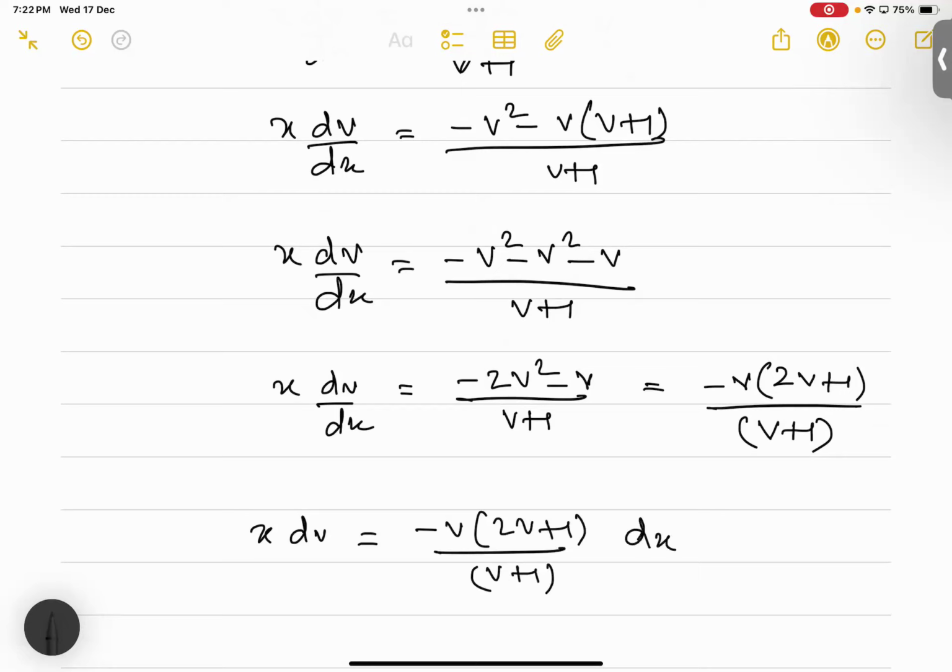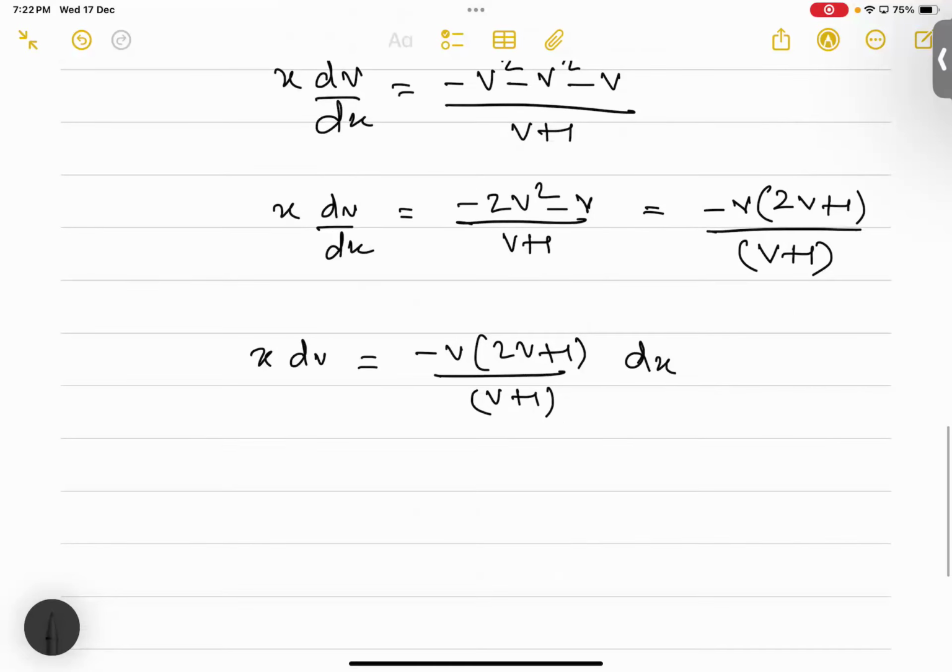This is probably one of the largest problems in HDE. Okay. Now, can we separate the x terms and v terms? Yes. So v plus 1 upon v into 2v plus 1, dv. Hey, dv and dx we are not going to change. They have to be in the numerator. And ये minus sign का left hand side में लेके कुछ काम नहीं है.